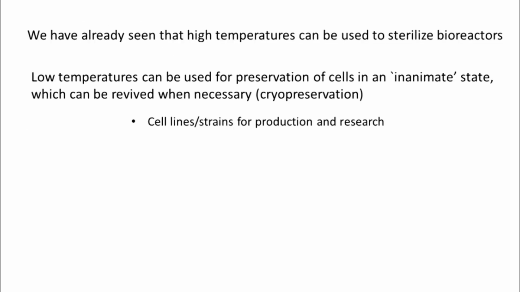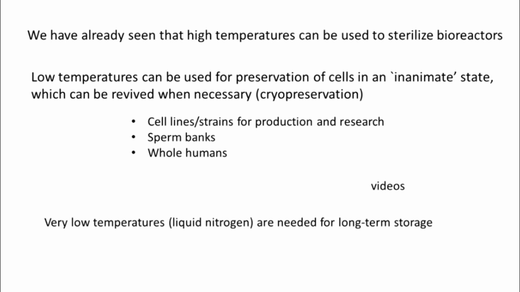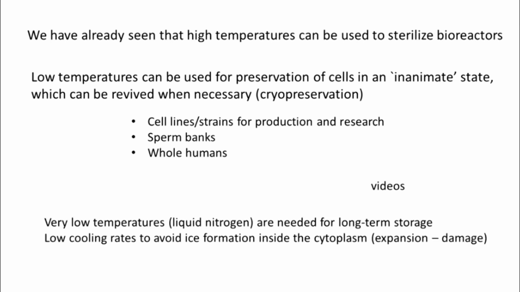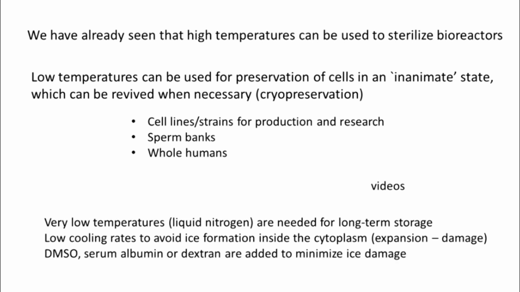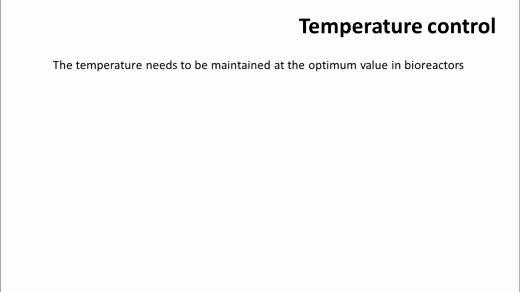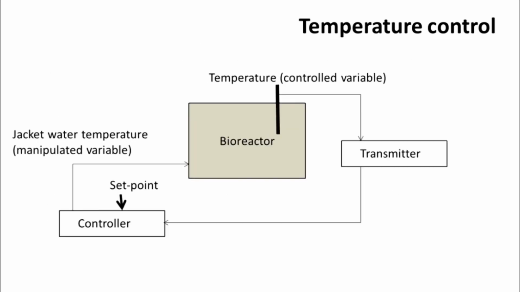Then we saw the application of low temperature to maintaining cell lines and strains for production and research, for use in sperm banks, as well as to keep whole humans in a state of suspended animation. There was some reference to videos. I hope you have seen them. They are interesting videos. And then we looked at some aspects of temperature control.